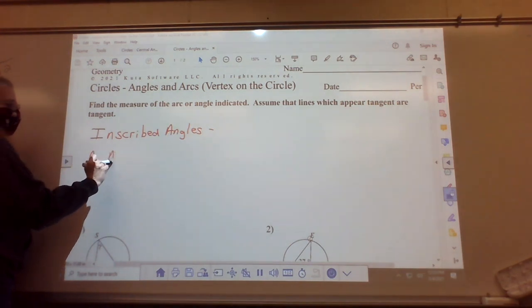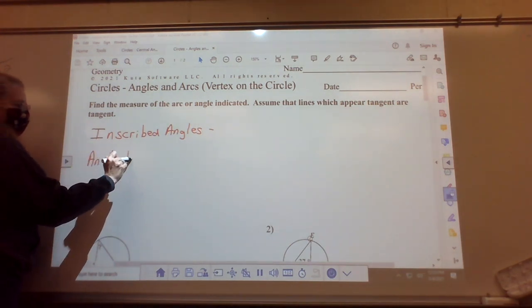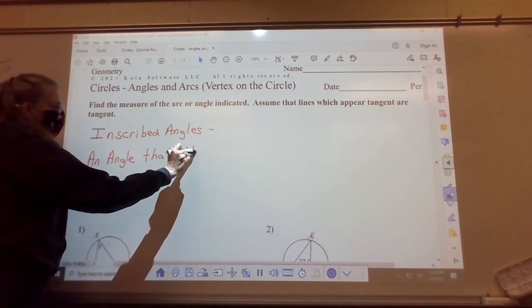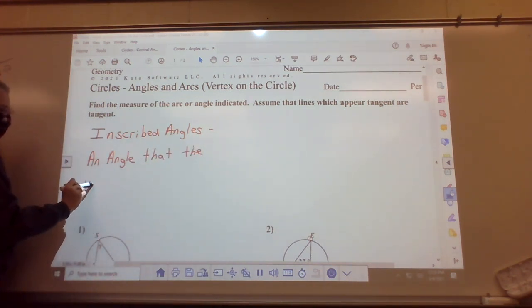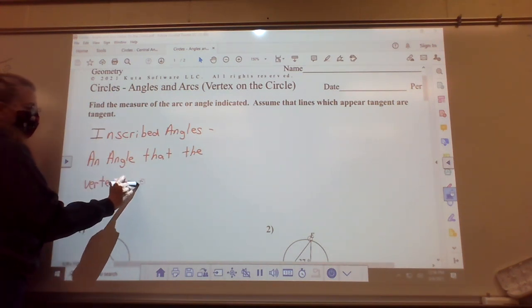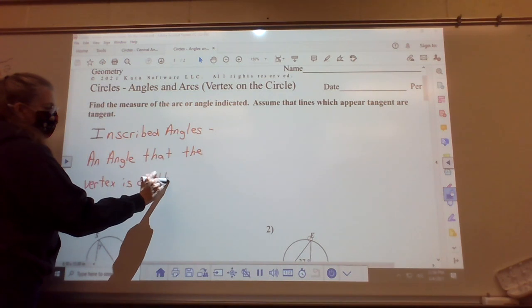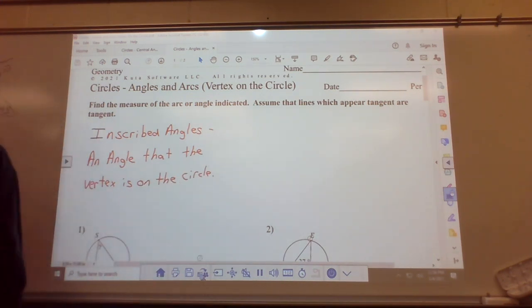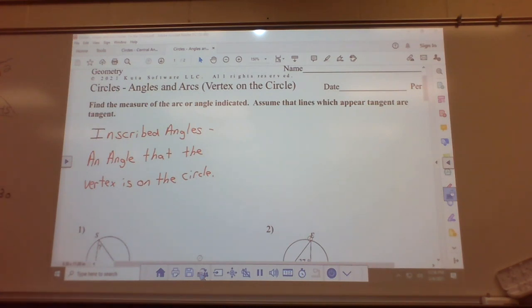An angle that the vertex is on the circle. An angle that the vertex is on the circle. That's an inscribed angle.